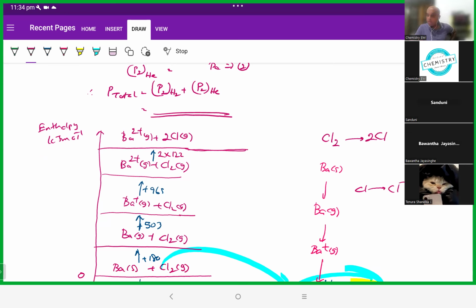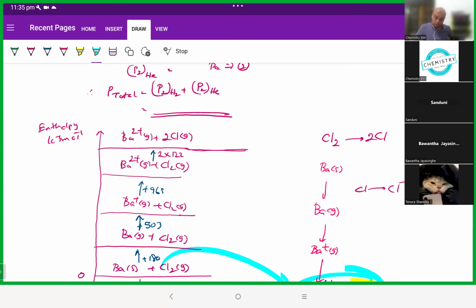Positive or negative means I'm asking whether it is an endothermic reaction or an exothermic reaction. This one. This thinking is needed. Something that I have explained during today's class is needed for this one.